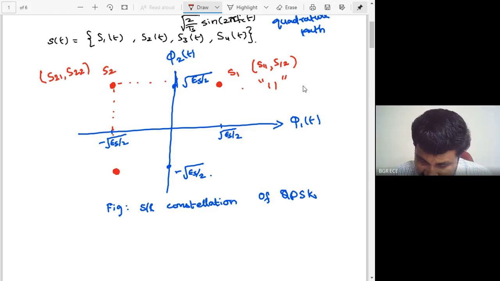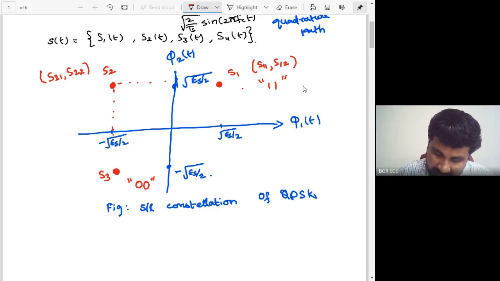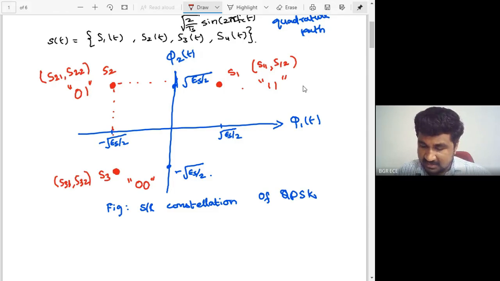Similarly, the message point S3 is for the binary data 0, 0. Here the binary data for the second message point is 0, 1. The message point S3 has S31 and S32. And for the fourth quadrant, the message point S4 has the point S41, S42 for the corresponding binary data 1, 0.